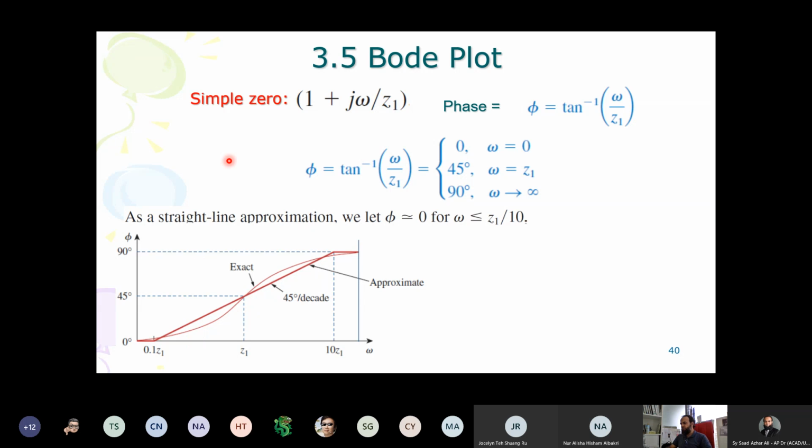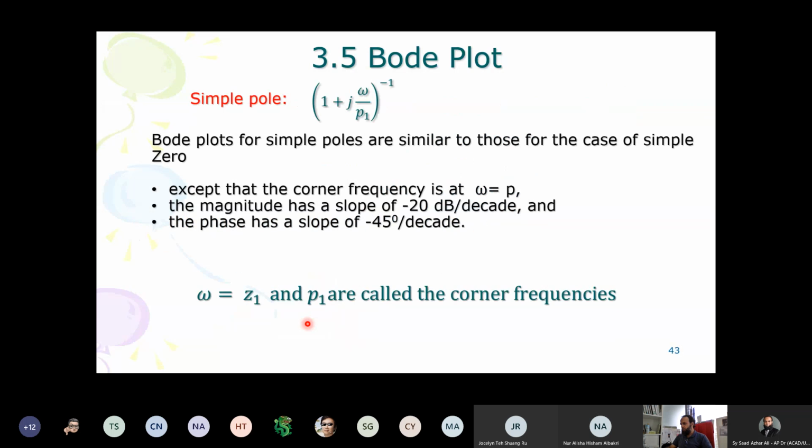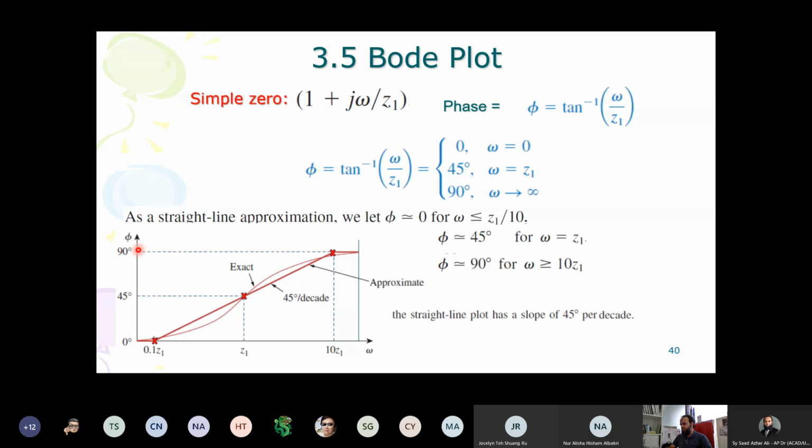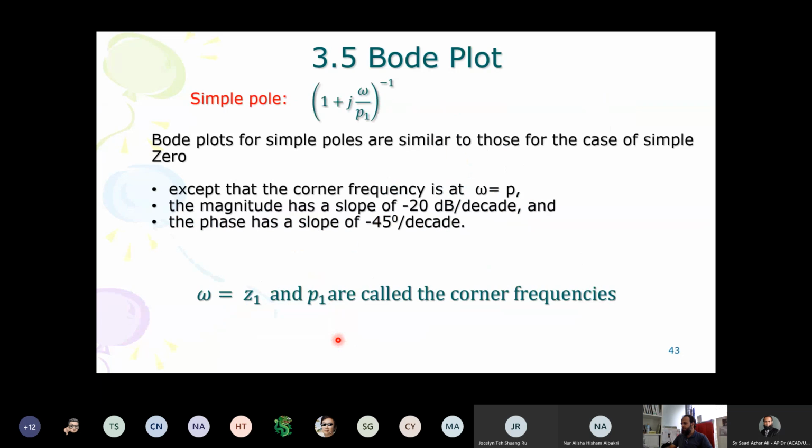And of course, if it's a pole, it will be the opposite way. This is all the same, except it will be from 90 at 0.1 and will go until 0 at 10 times the frequency. For phase, it's only happening between these two extreme points.